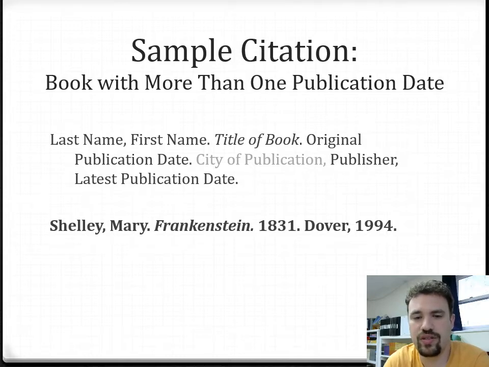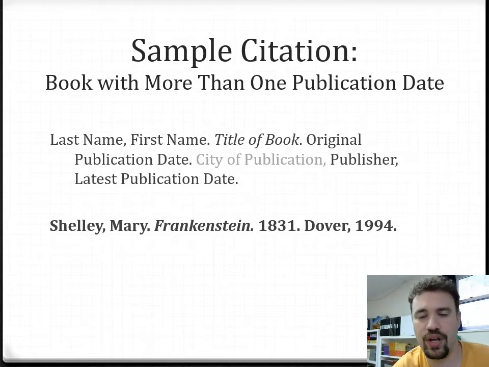Basically, the way that you do this is after the title, you put the date when it was first published, and then you go on to the publication information listed on the book, the publishing company, and the date when that book that you actually have was published. So I did this with a copy of Frankenstein that we have in our classroom here.